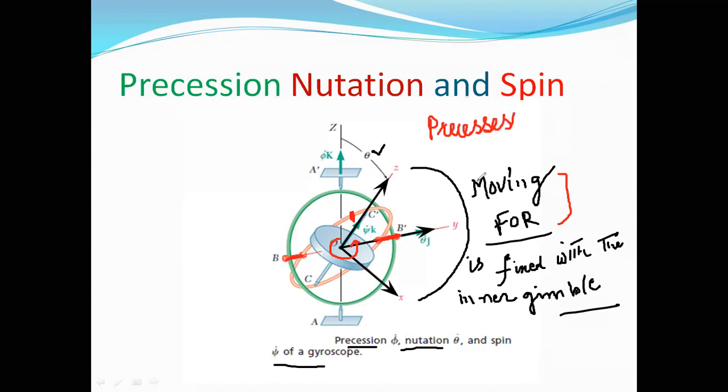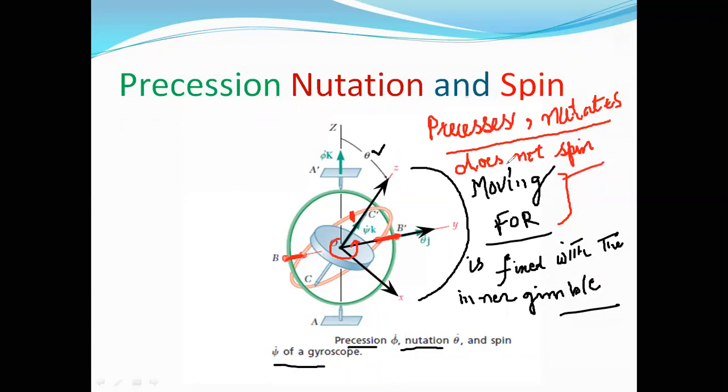Our moving frame of reference nutates, but our moving frame of reference does not spin at all.